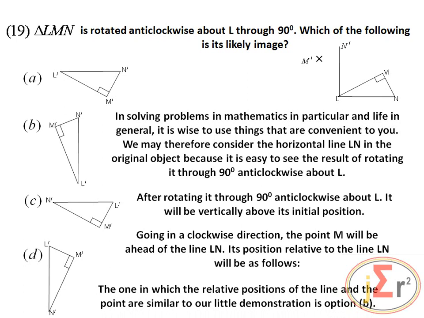The one in which the relative positions of a line and the points are similar to our little demonstration is option B. So the one in which the position of the line here relative to the point is similar, the one that is similar to this is our correct answer, and that one is option B. And of course we can complete the diagram and see it kind of looks like it.